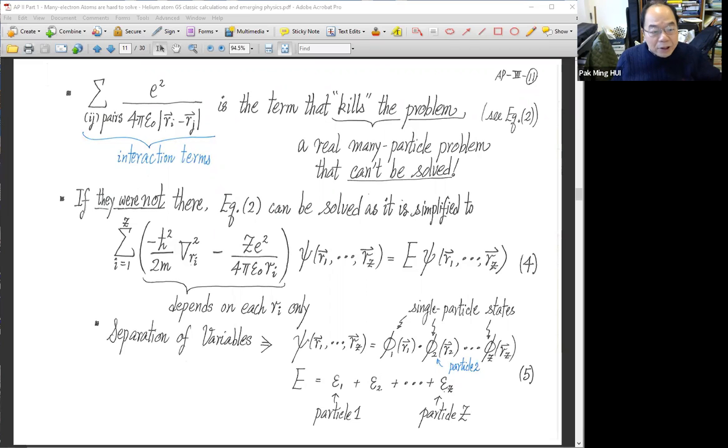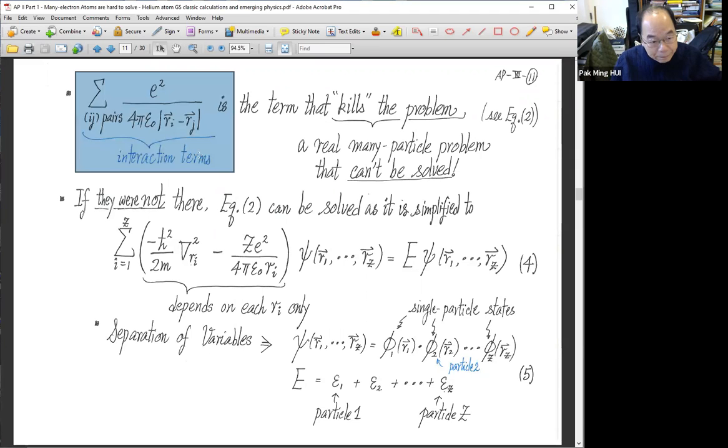Okay, now below here I make an assumption. If this term disappears, now that is a big if, we cannot do that. If that term is not there, then your Schrödinger equation with the Z electrons actually is of this form.